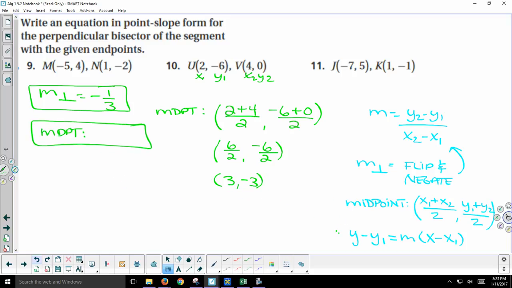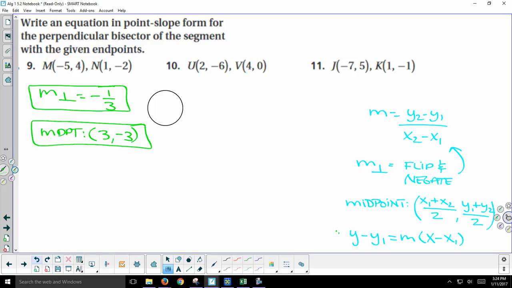I'm going to put that over here and bring you over here. And I'm going to erase all of this. I'm even going to erase my x1, y1, because I need to tuck all that into my point-slope form. I'm going to label my point-slope form, which is this. I'm going to plug in what I have.